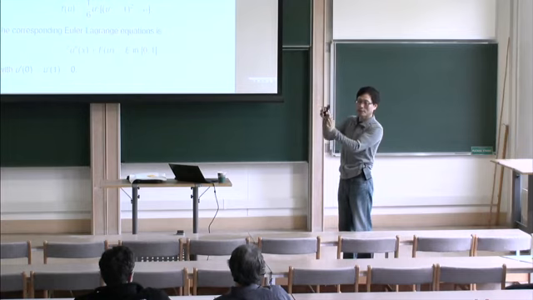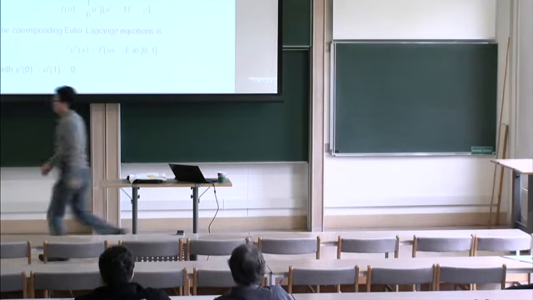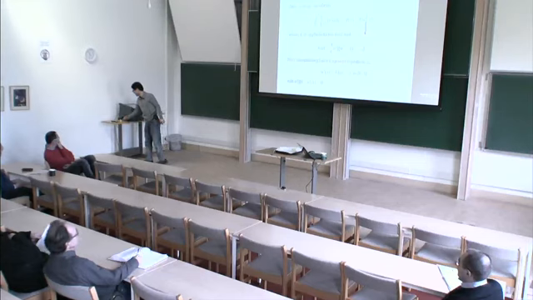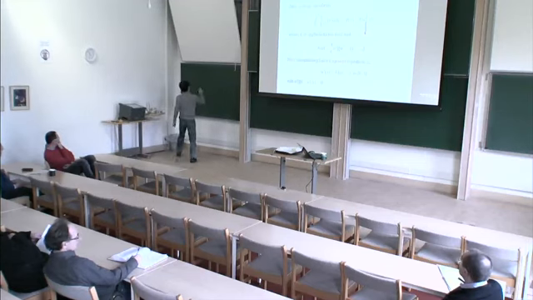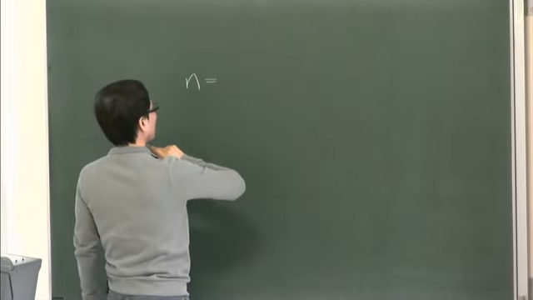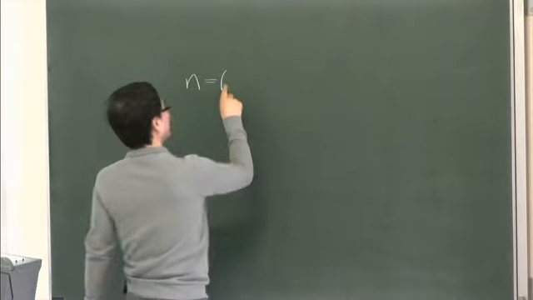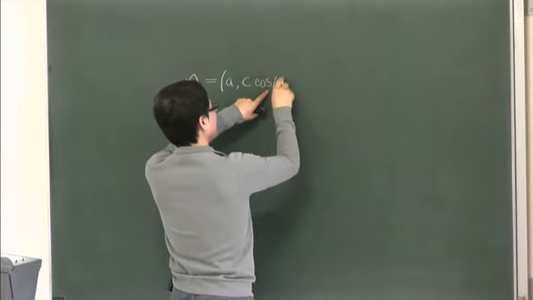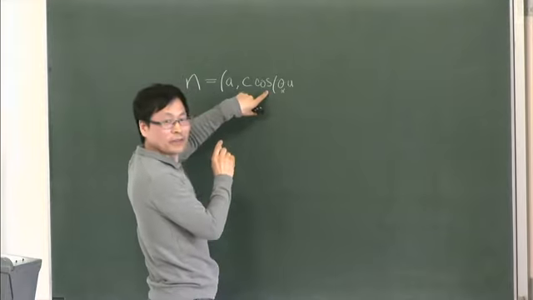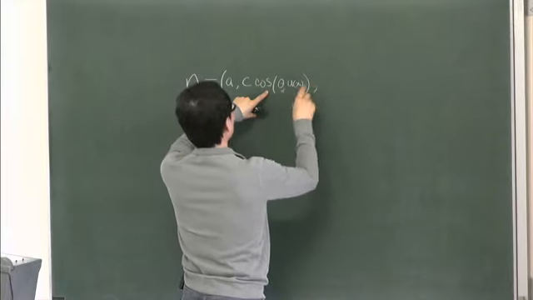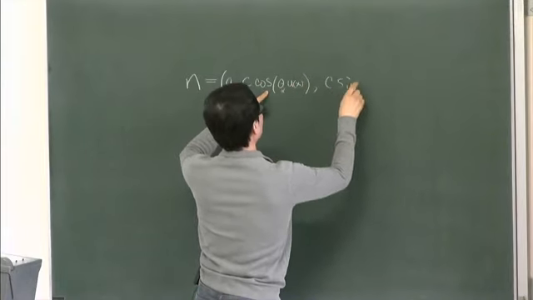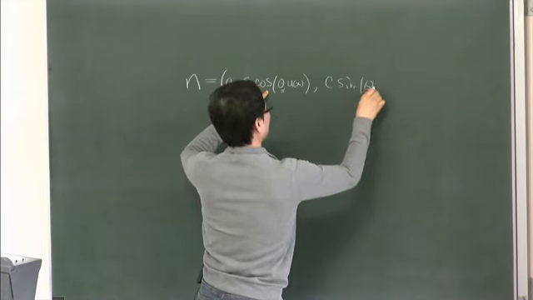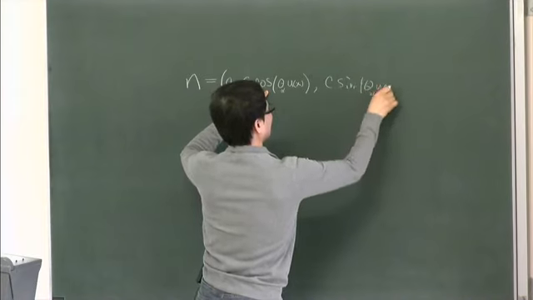And then I approximate it. And U is what? U is an angle like this.